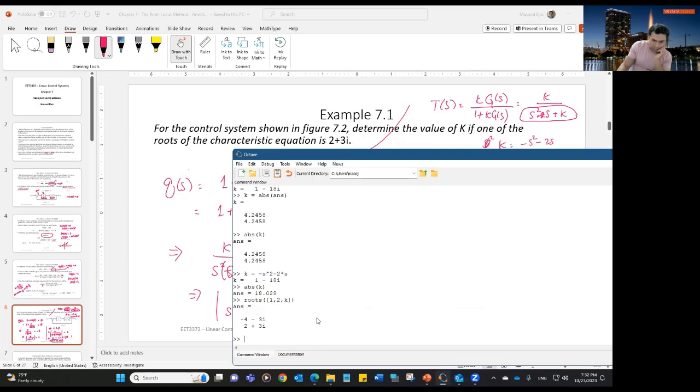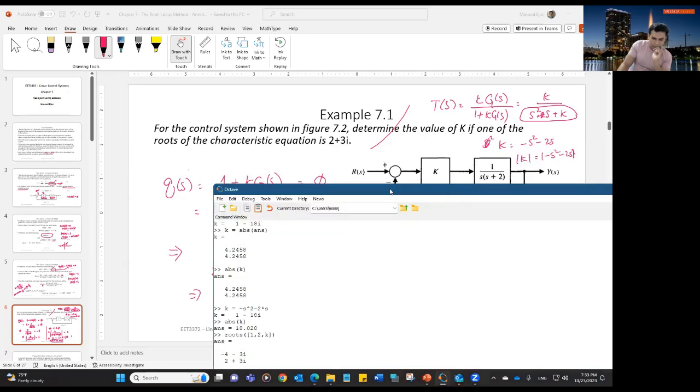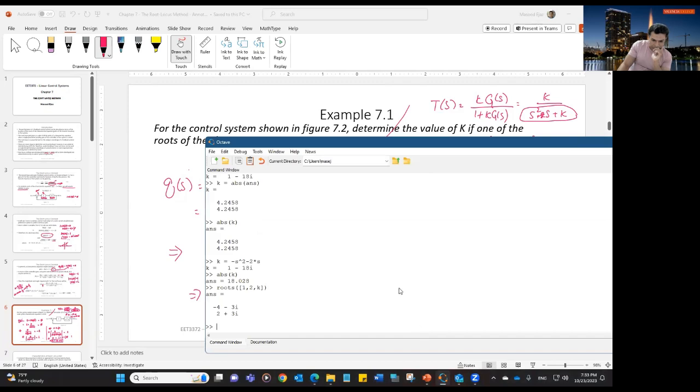So maybe the number that I picked up is not part of the root locus. That could be one of the issues, because not every pole will be part of the root locus. I just picked up a value without realizing whether it is part of the root locus or not.